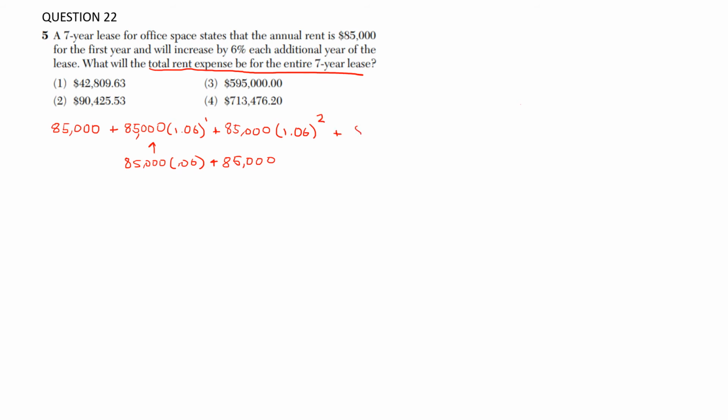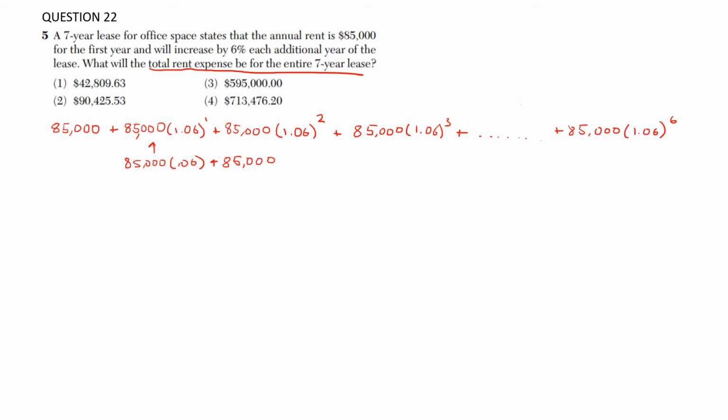And it just continues. This is for the fourth year, then the fifth year, sixth year, and by the seventh year we have 85,000 times 1.06 to the sixth.